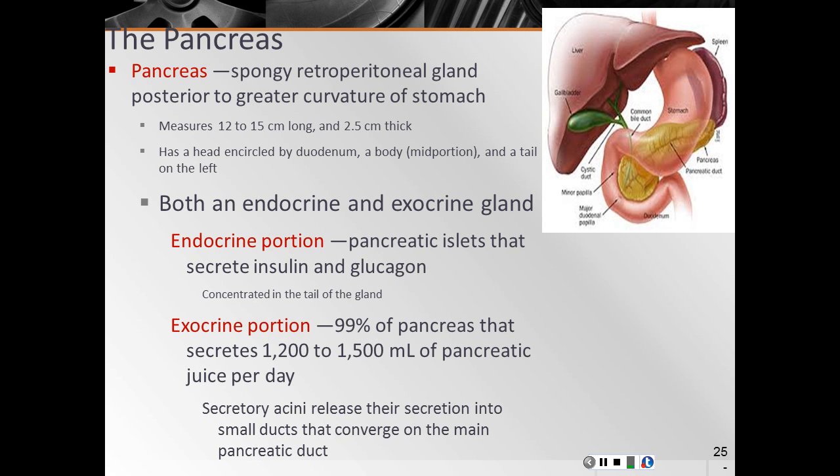The endocrine part involves the pancreatic islets, which secrete insulin and glucagon. Now, about 99% of the pancreas is exocrine, which secretes 1,200 to 1,500 milliliters of pancreatic juice per day.